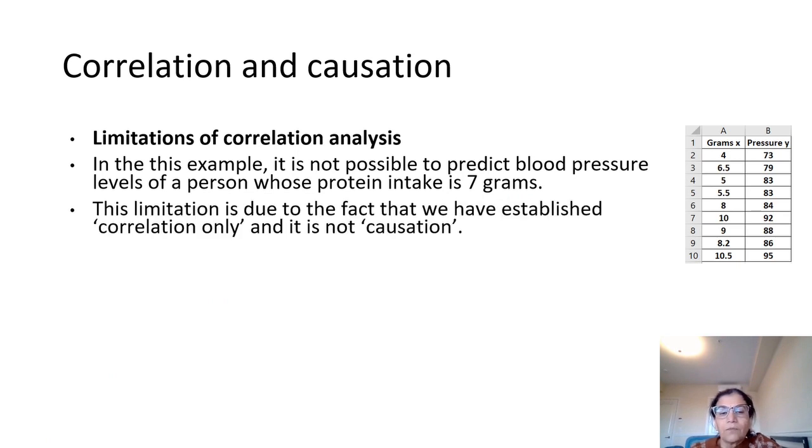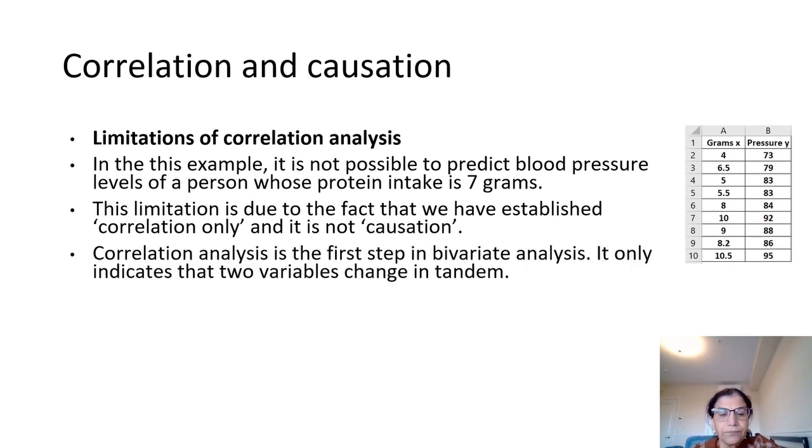We have only established correlation and it is not causation. Correlation analysis is the first step in bivariate analysis. It only indicates that the two variables change in tandem.